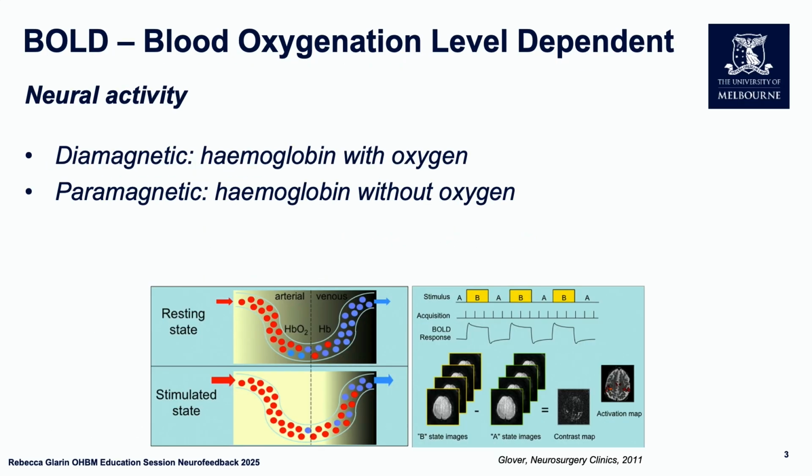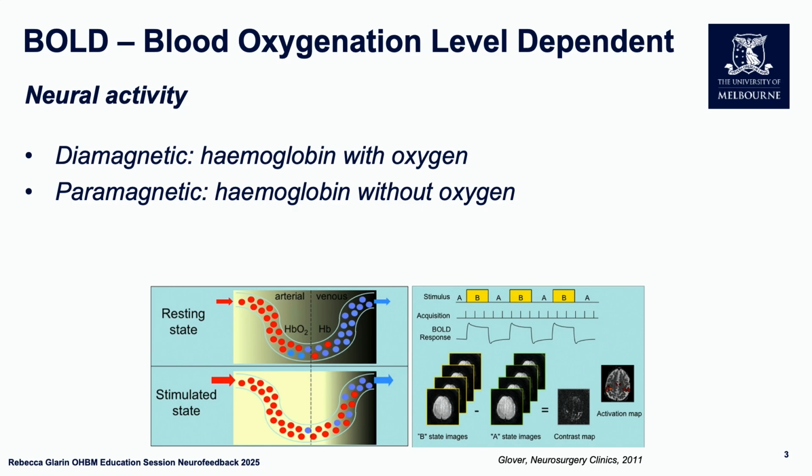For those who aren't familiar with fMRI, it uses the contrast of BOLD, blood oxygenated level dependent imaging. This focuses on the diamagnetic and paramagnetic properties of the haemoglobin with and without oxygen. You can see here a stimulus of rest, stimulus, rest, stimulus.